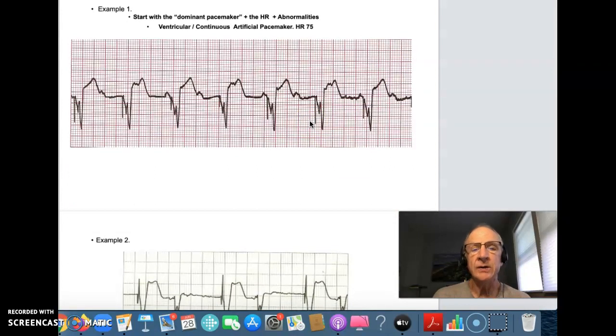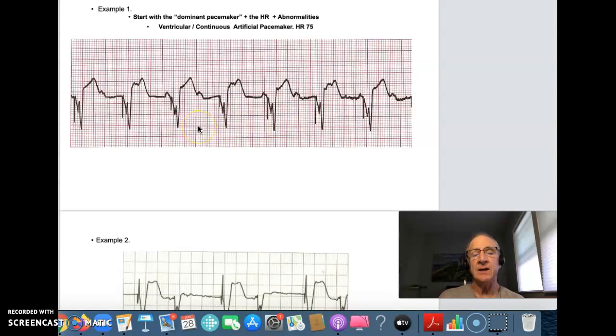On your quiz, you are given this ECG and you're asked for your interpretation. Because you studied extremely hard on your PowerPoint on artificial cardiac pacemakers, you know that this is a ventricular pacemaker because the spike is before the funny QRS complex. All these have spikes, so that means this pacemaker is a ventricular continuous artificial cardiac pacemaker.